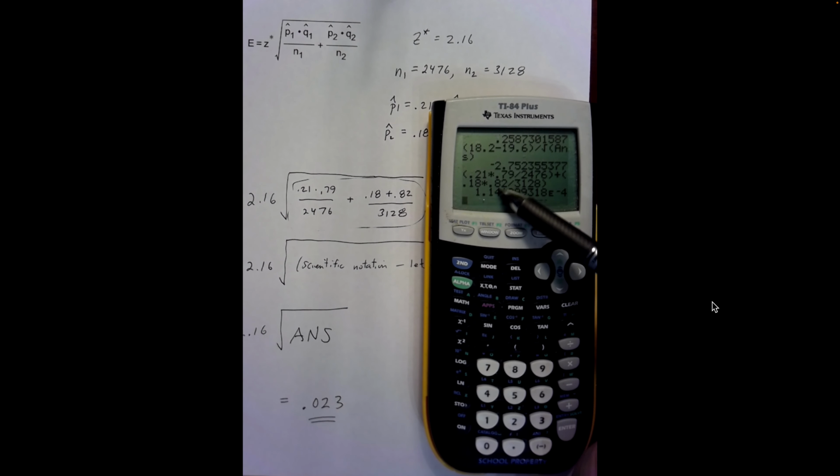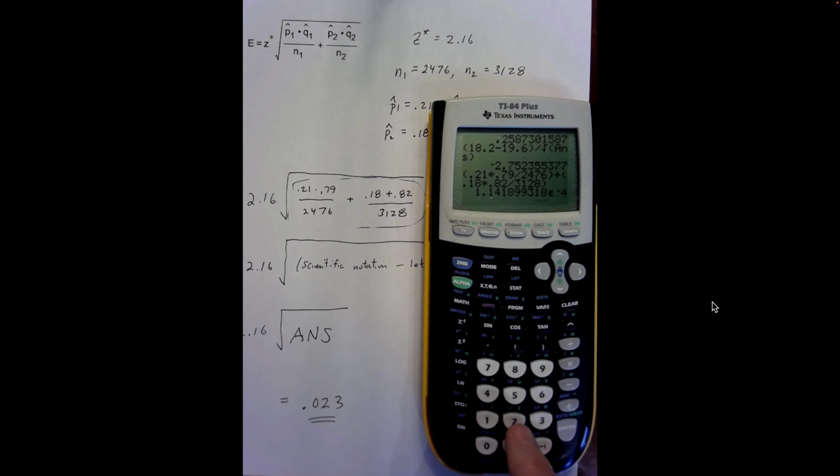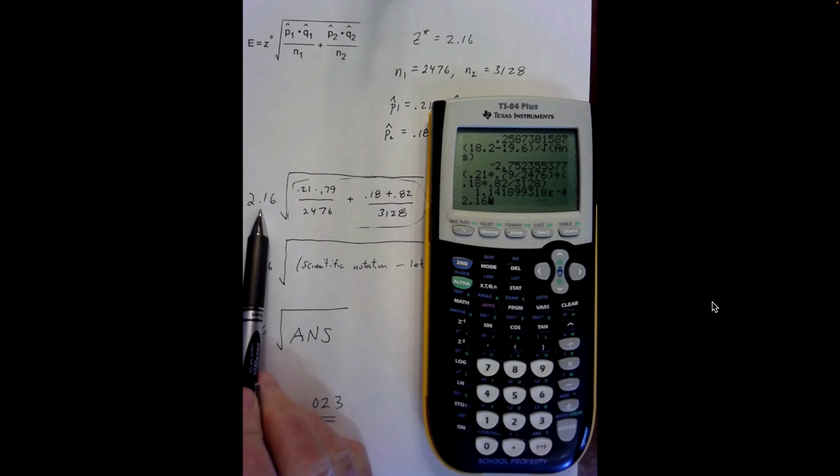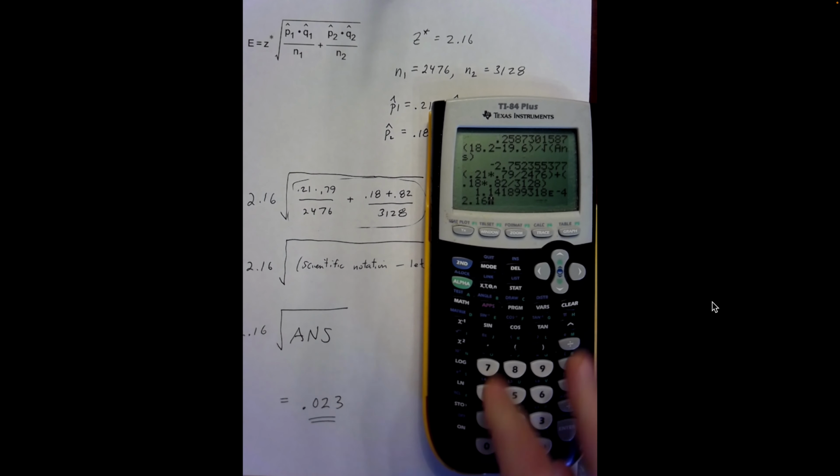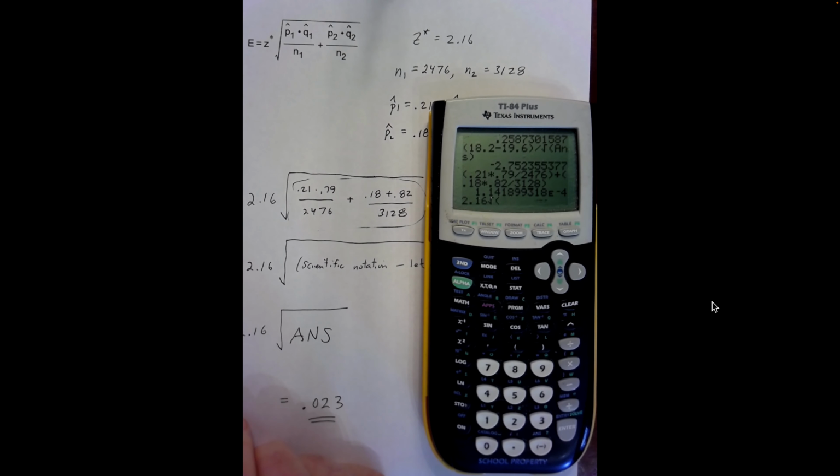That could be a little confusing, but if I just leave it in the calculator as is, the calculator will make the changes. So I'm going to go 2.16 times the square root of the answer from the previous entry, and I get 0.023 as I should.